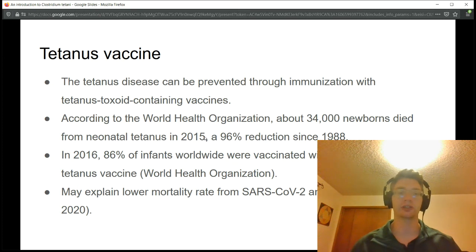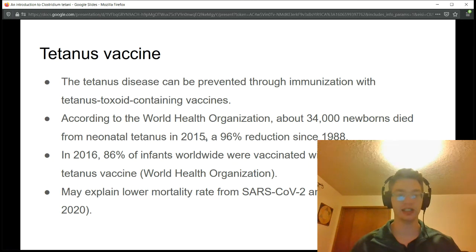And these work so well that in the United States, where pretty much almost everyone is vaccinated for tetanus, if not everyone, I'm not sure exactly how that works, I think there are about 10 to 15 cases a year, so it's almost non-existent here. According to the World Health Organization, about 34,000 newborns died from neonatal tetanus in 2015, and that's a 96% reduction since 1988. So that's a good trend there.